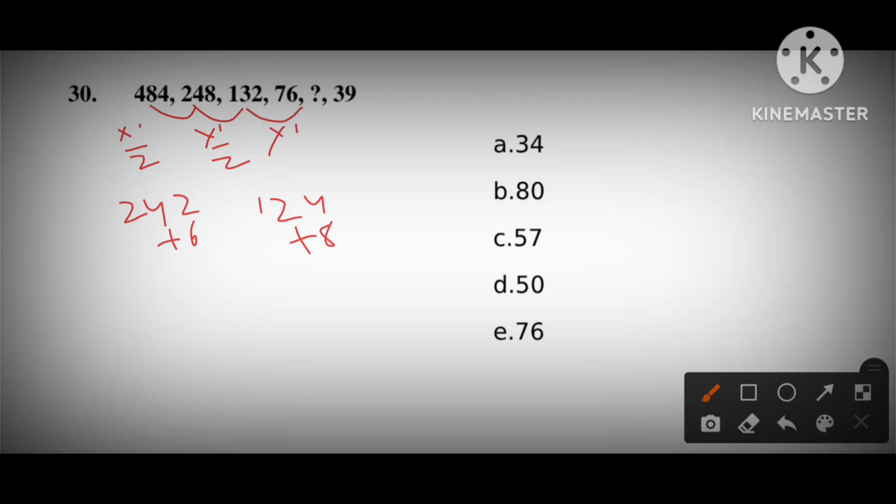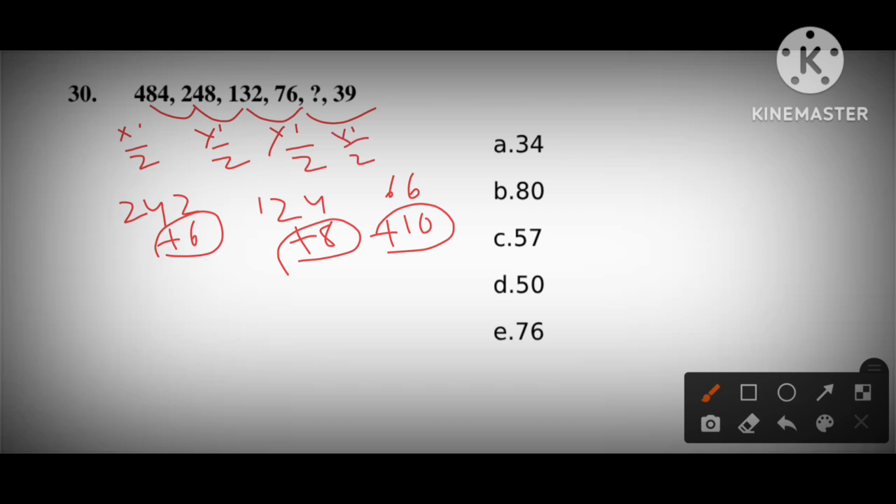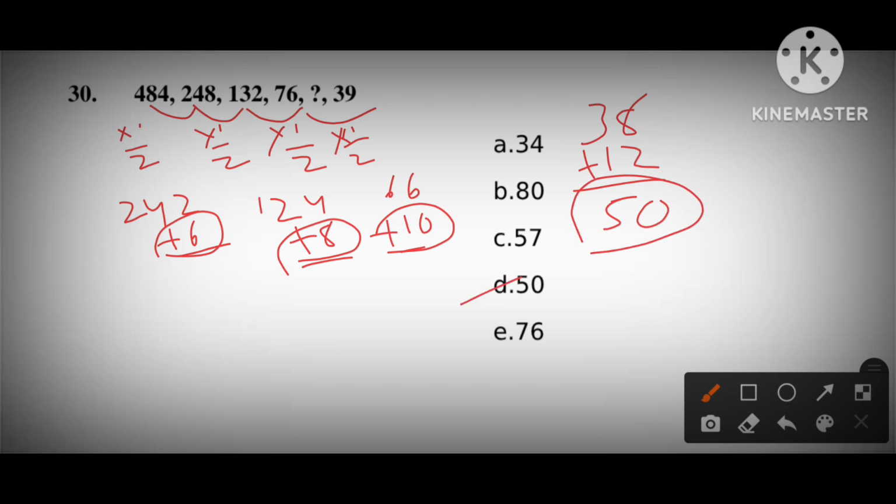Next one, nearly half times, means 66. 66 plus 10, which will be 76. So it is clear that divided by 2 plus 6, divided by 2 plus 8, divided by 2 plus 10. So the next one must be divided by 2, which will be 38. And the next one must be 6, 8, 10 means it will be 12. So answer will be 50. Option D is the answer.